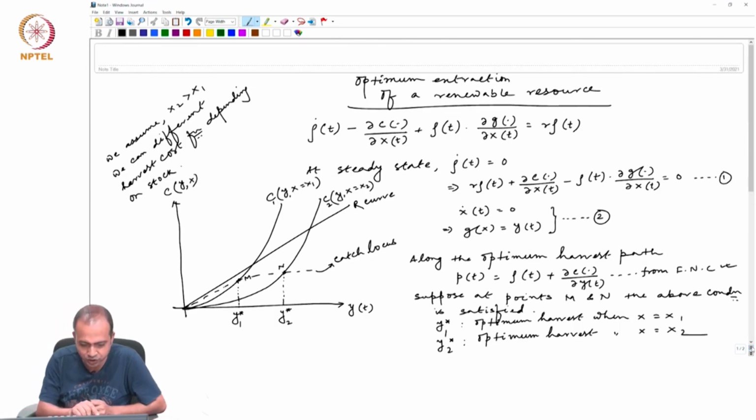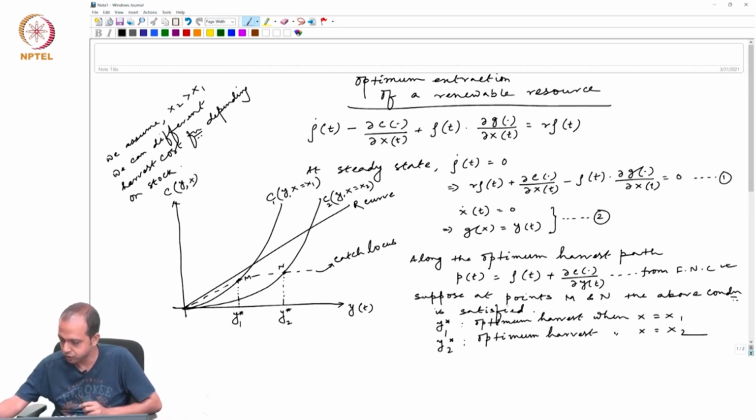What we are assuming is that the cost of extraction is low because stock is increasing. So, this curve will shift downward, and as this cost curve shifts downwards, the catch locus will shift upward, because you want to have more and more harvest. From the diagram also, if this curve comes down, this point will shift upwards.